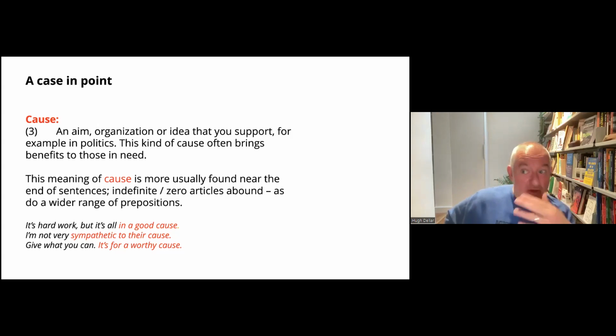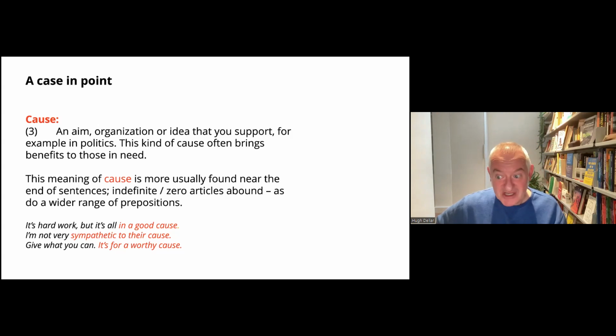Probably you don't think about this when you're reading or listening, because when you're a fluent user, you do this automatically. It's just part of what your brain knows about the language. But when you see "the main causes of these accidents," and then later you see "it's all in a good cause," how do you know those are different meanings of cause?